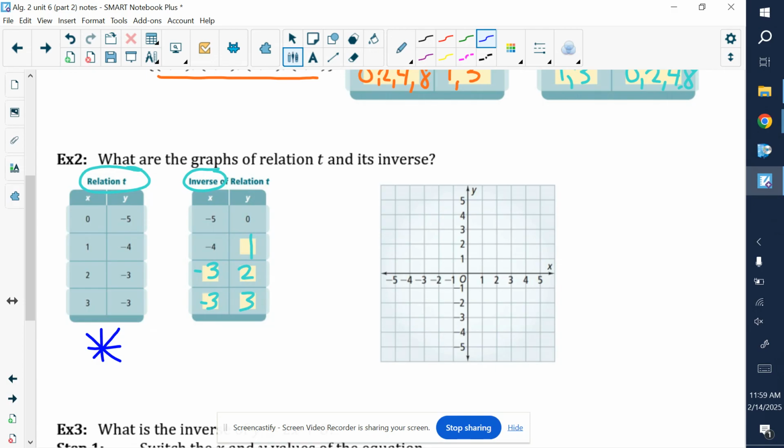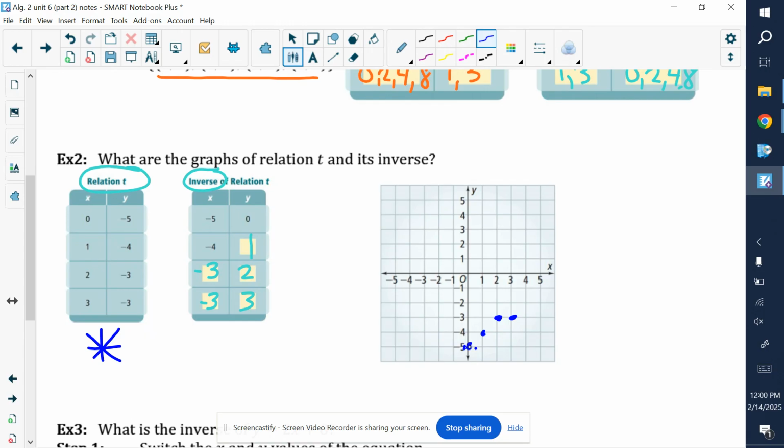So relation t, if I plot those points, 0, -5, 1, -4, 2, -3, and 3, -3.